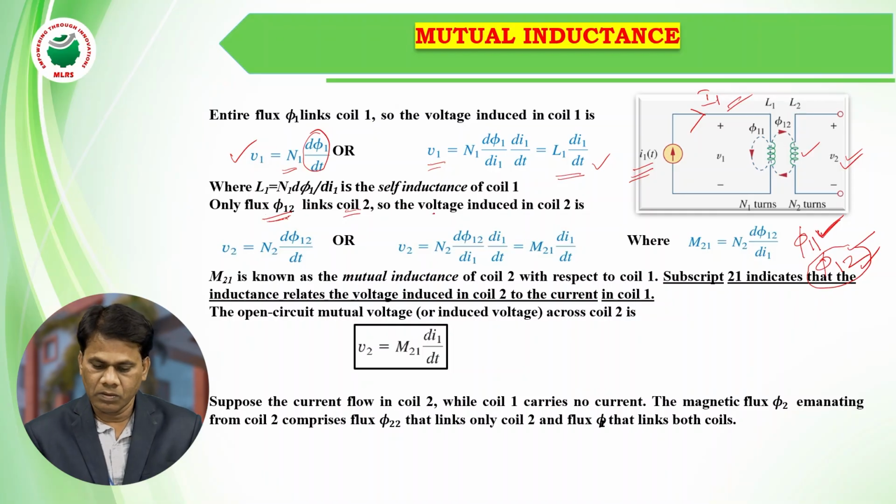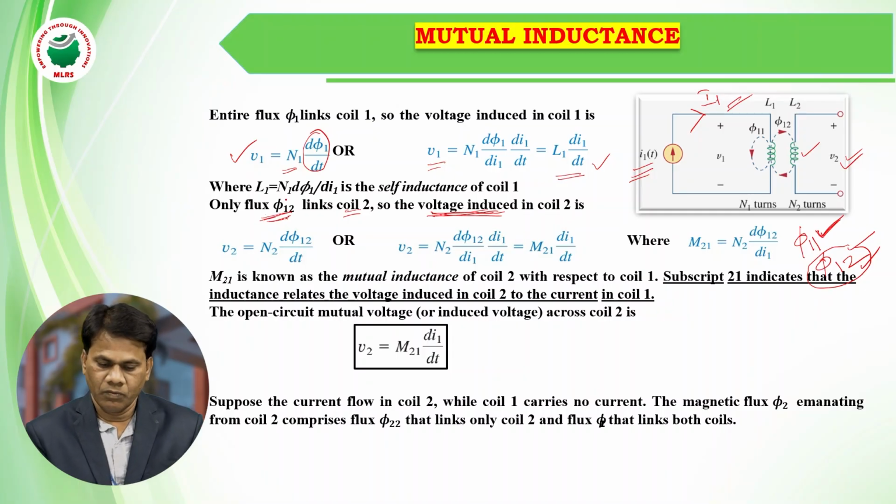Then an EMF is also induced according to Faraday's law of electromagnetic induction. According to Faraday's law, a voltage is also induced in the second coil because of this phi 12.